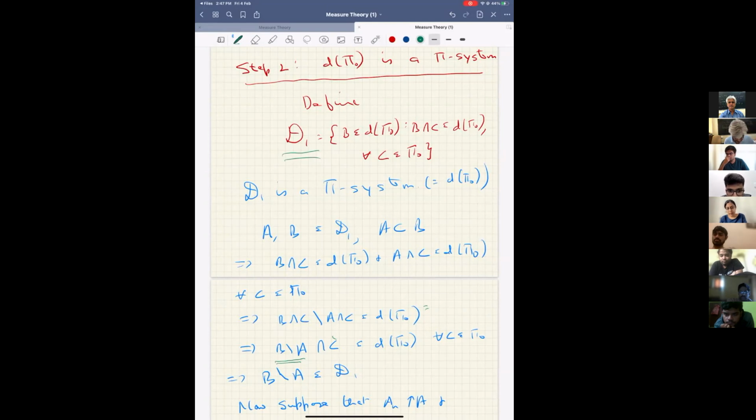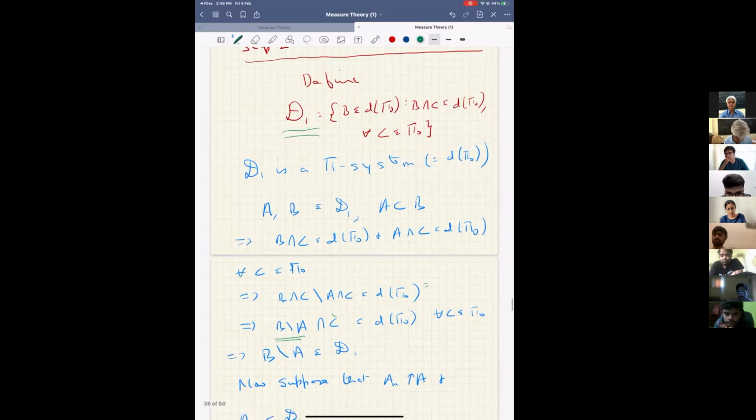So we concluded that B minus A intersection C is in D of pi 0 for all C in pi 0. So that's a membership criterion for D1. So that tells you that B minus A is in D1. But to your question, D of pi 0 was already a D class. So for any two sets where one set is bigger than the other, the difference is in that set.